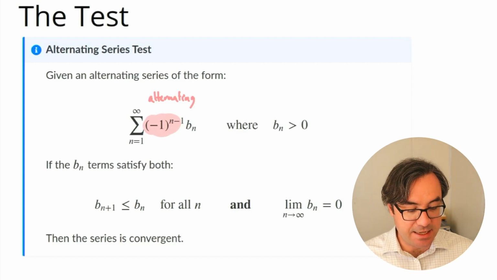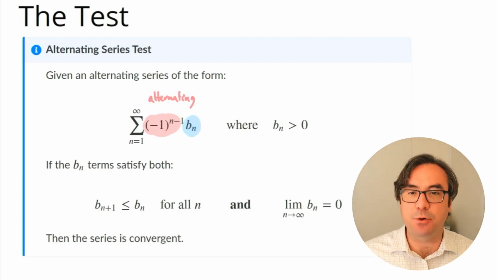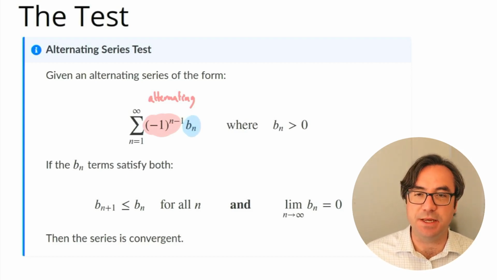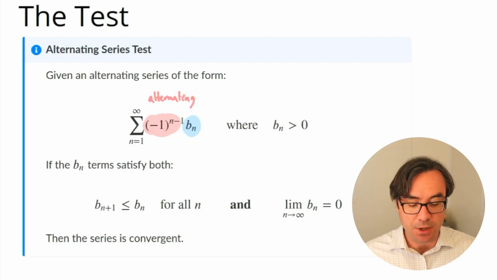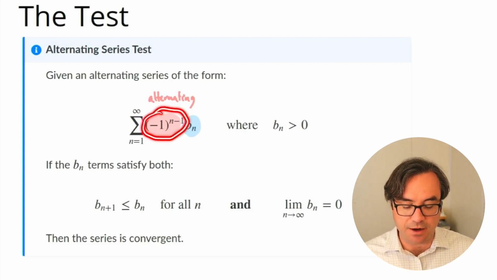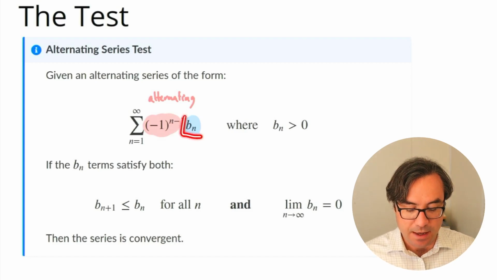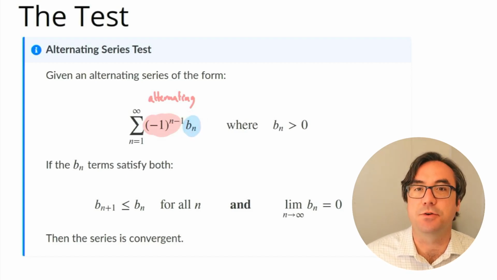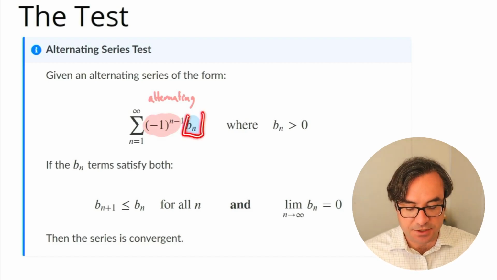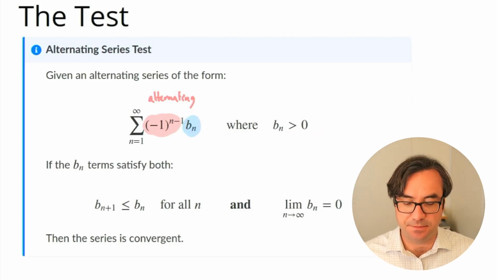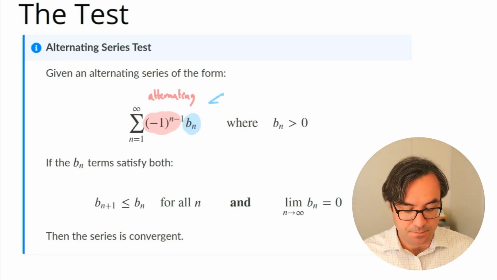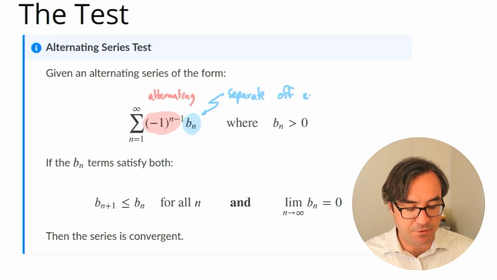And the idea is we separate off that alternating piece. When we write our alternating series, we want to separate off that power of negative 1 and then look at all the other stuff. And all that other stuff has to be positive. So we want to separate off everything else.